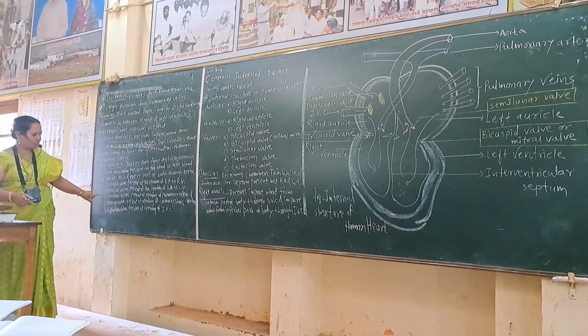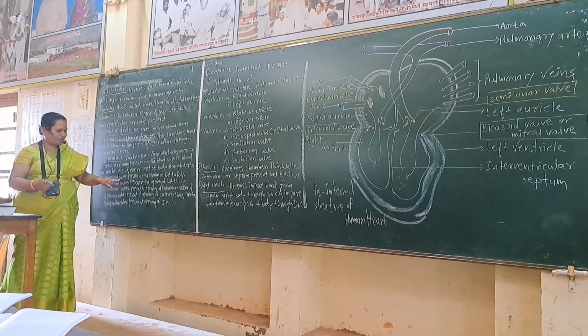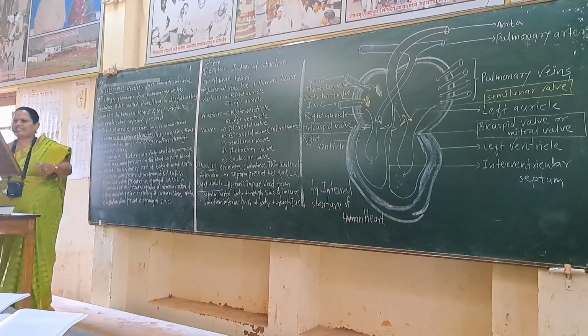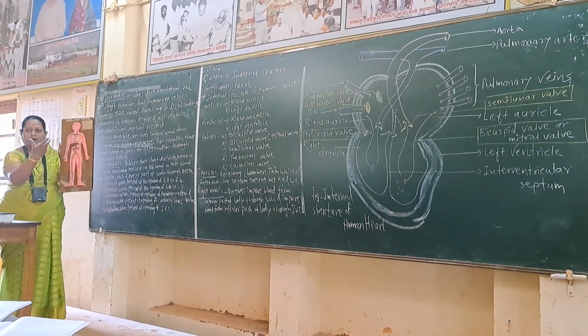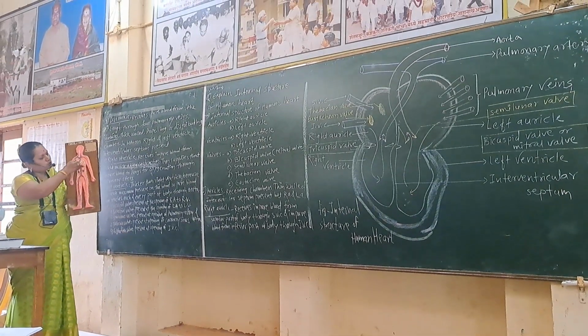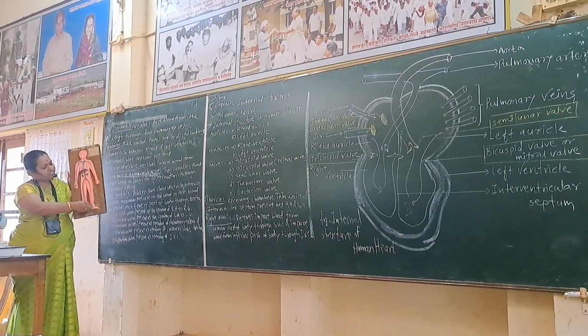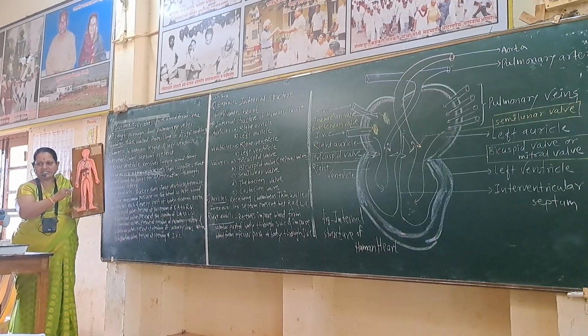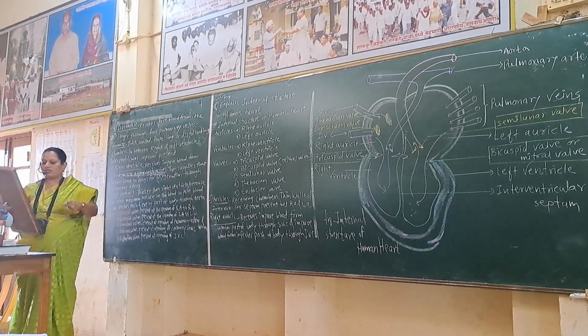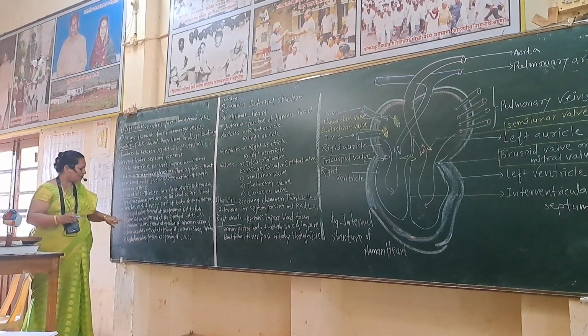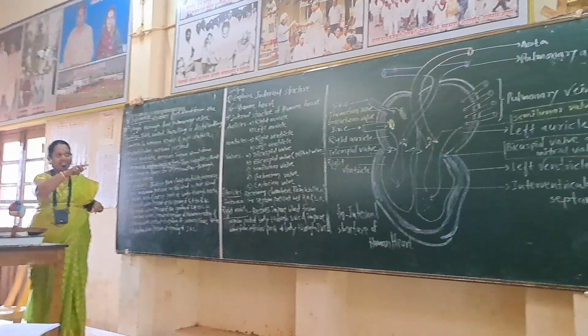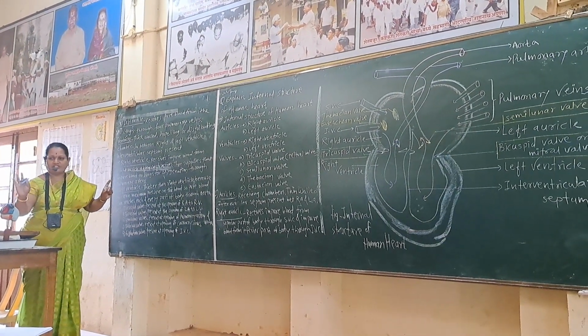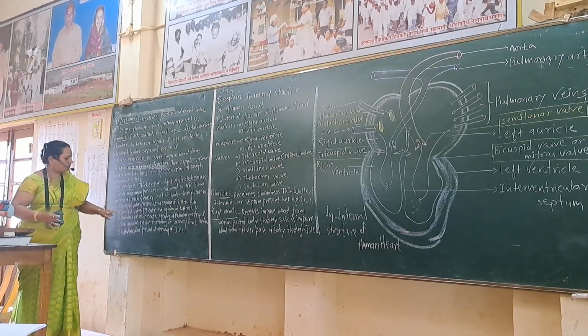Valves are 5 types. First, tricuspid valve, bicuspid valve. Here we can clearly see that the heart has to pump with pressure, so blood can reach each and every part of the body easily. So to create maximum pressure, the left ventricle wall is thicker, and valves maintain the blood flow in one direction and prevent backflow of the blood.